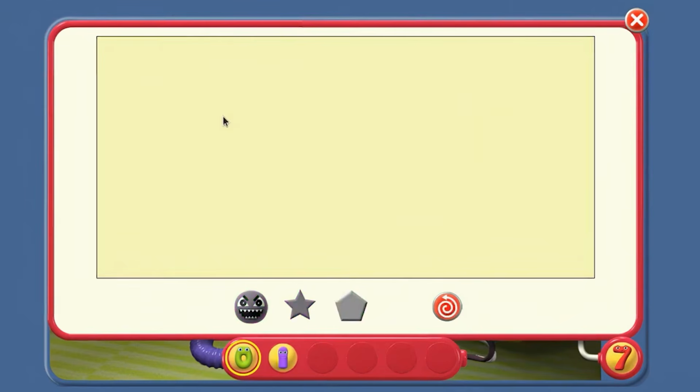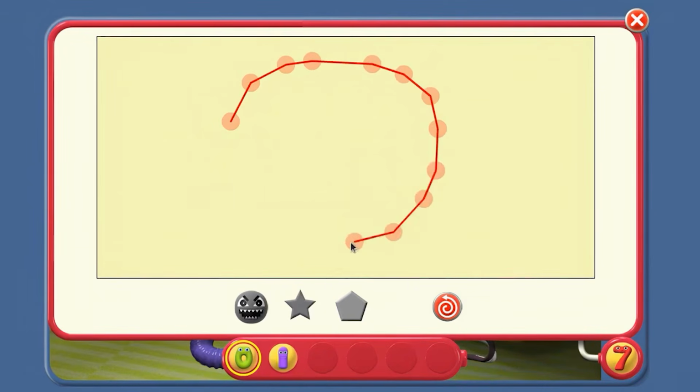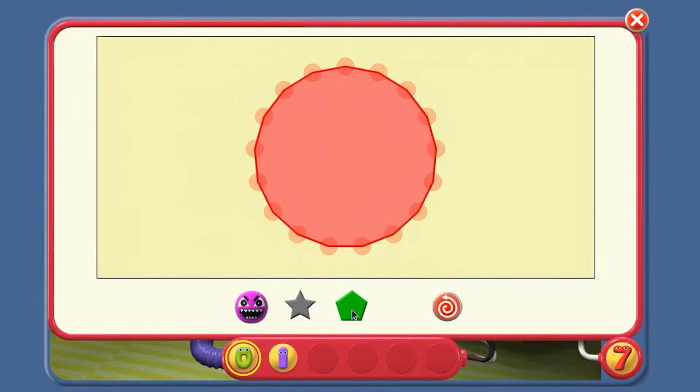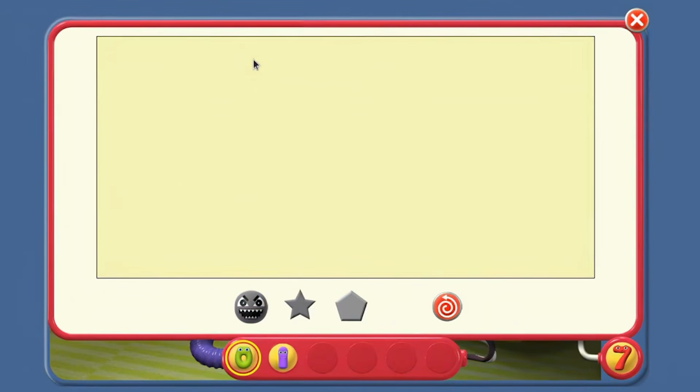What if we made a regular shape from lots of straight lines? Is that beginning to look a bit like a circle? How could we make something that looks even more like a circle? Let's try lots and lots of straight lines.